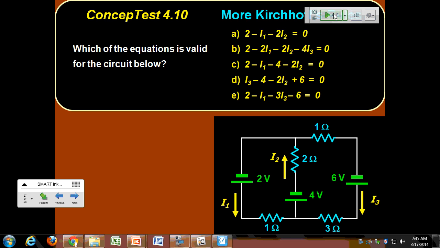Which of the equations here is valid? I think this is our last question. So which one of these is correct?